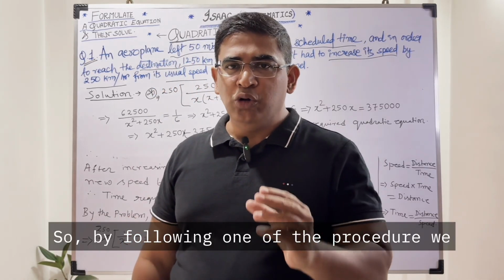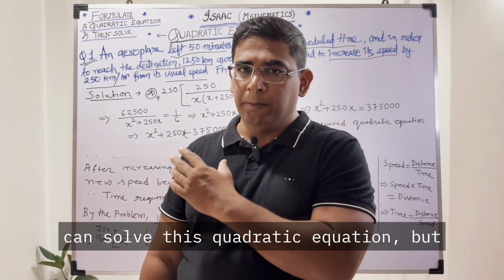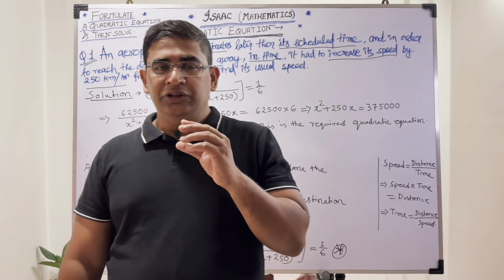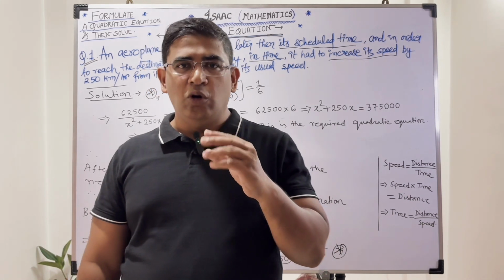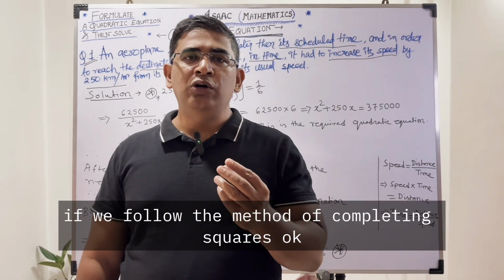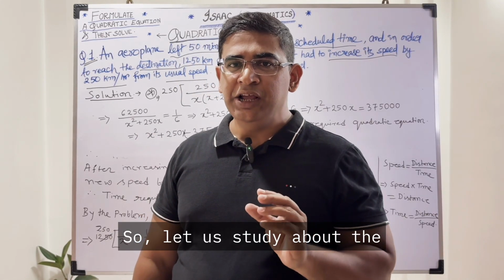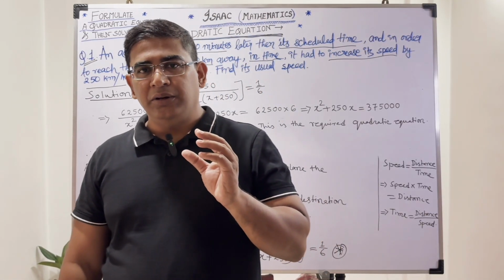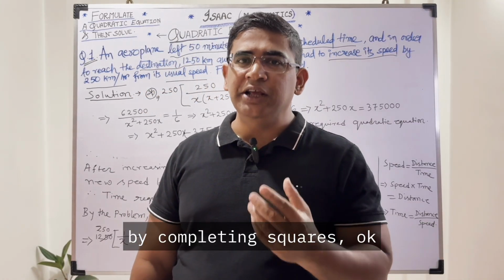By following one of the procedures we can solve this quadratic equation, but this quadratic equation will be easier for solving if we follow the method of completing squares. So let us study about the method of solving this quadratic equation by completing squares.